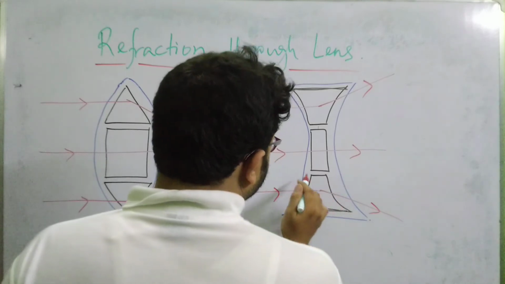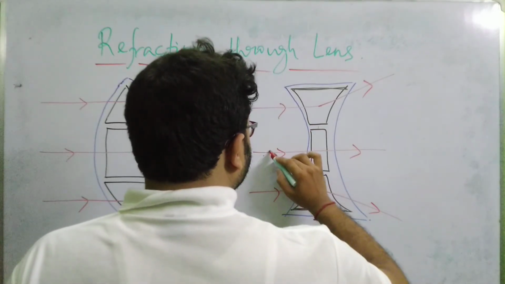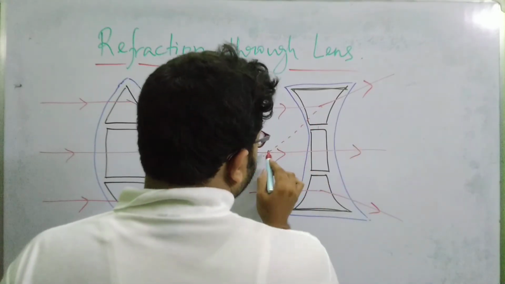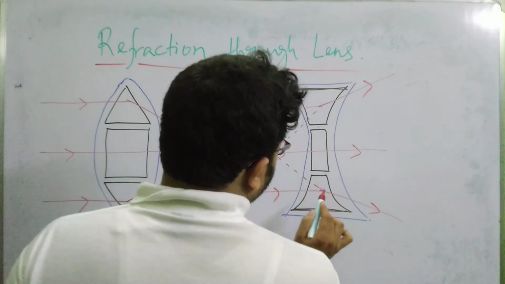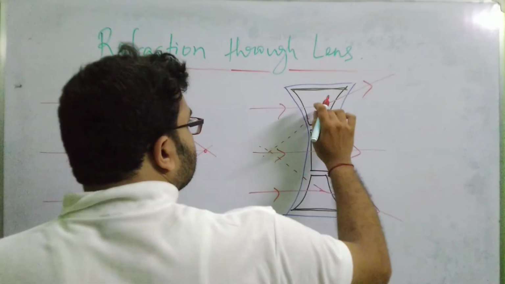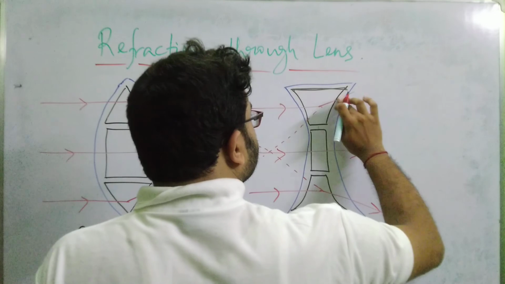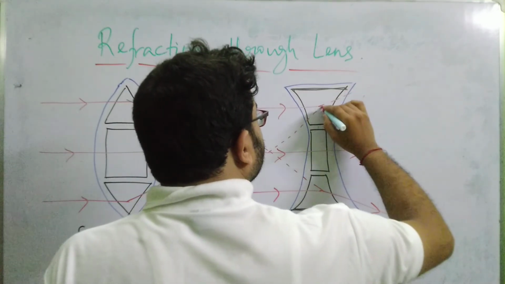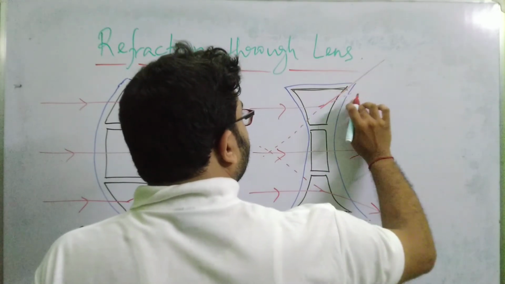If I just trace back the light rays like this, it looks as if the light rays have been diverging from this point.